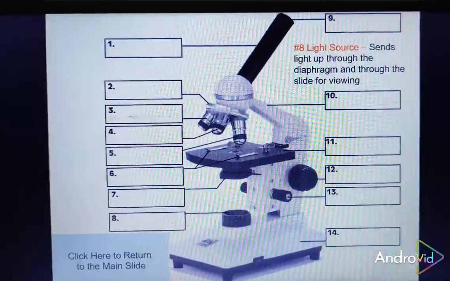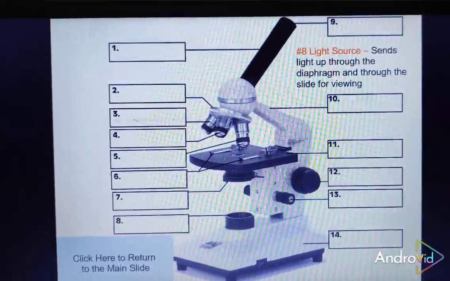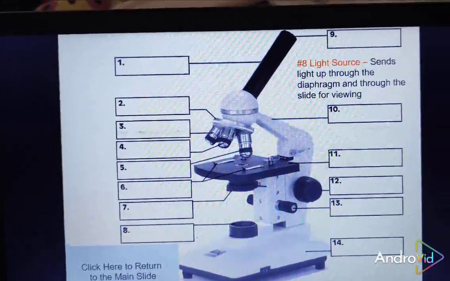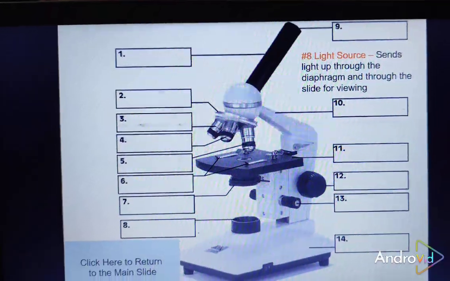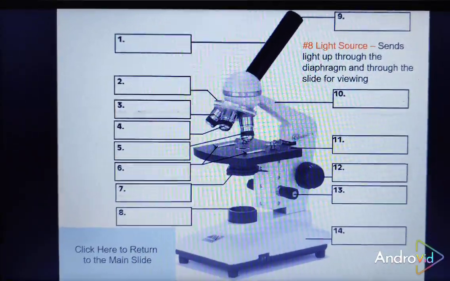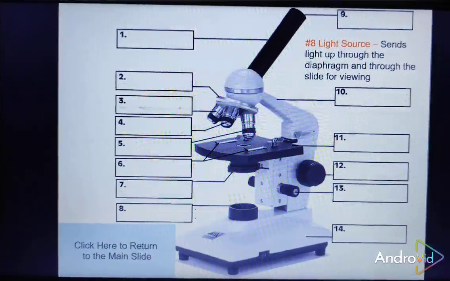The light source can be captured by the mirror, and this mirror has two sides. One is the concave mirror and the other is the flat mirror. The concave mirror is used for natural light, and the flat mirror is used for artificial light.